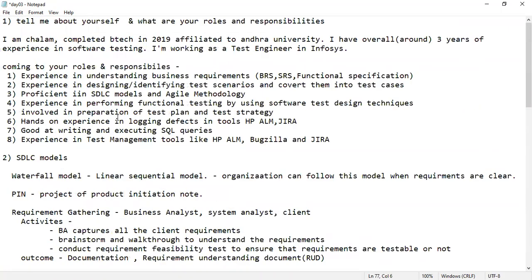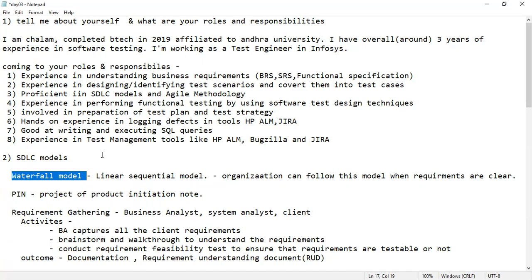Not only the waterfall model, we have other SDLC models. Tell me what the other old SDLC models available in the market are. Waterfall model, prototype model, rapid application development RAD model.